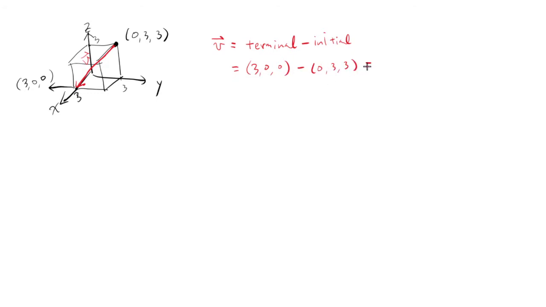if you subtract, and by subtracting I mean component-wise subtraction, so 3 minus 0 is 3, 0 minus 3 is negative 3, 0 minus 3 is negative 3, and this will be the vector.